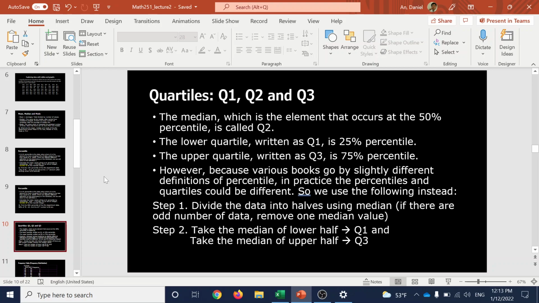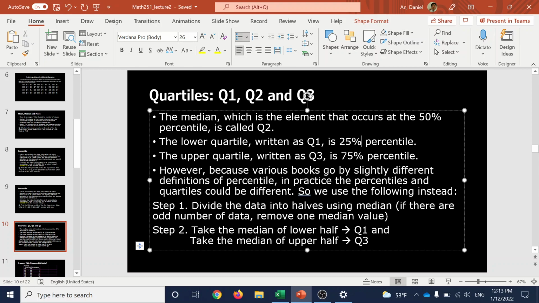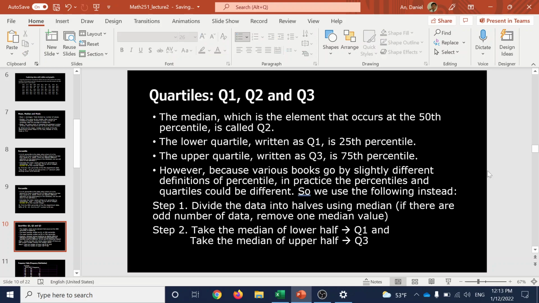So the lower quartile, median, and upper quartile, or first quartile, second quartile, and third quartile, are simply other names for the 25th percentile, 50th percentile, and 75th percentile.